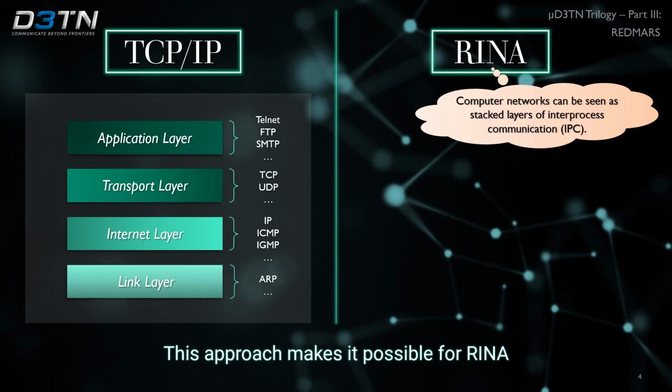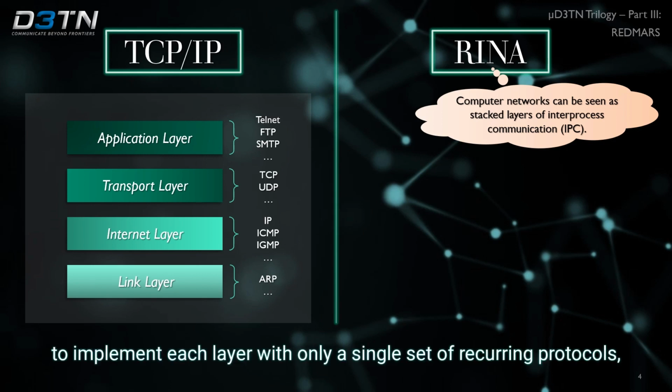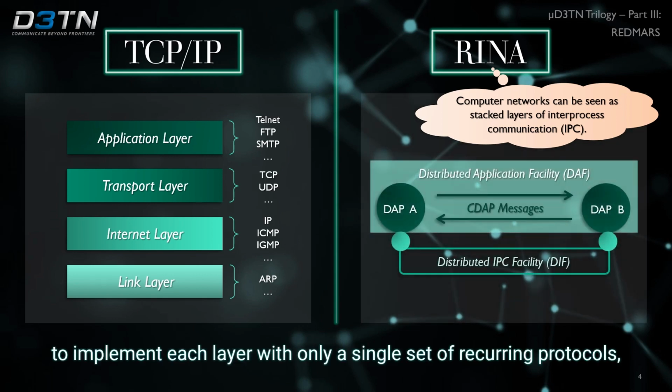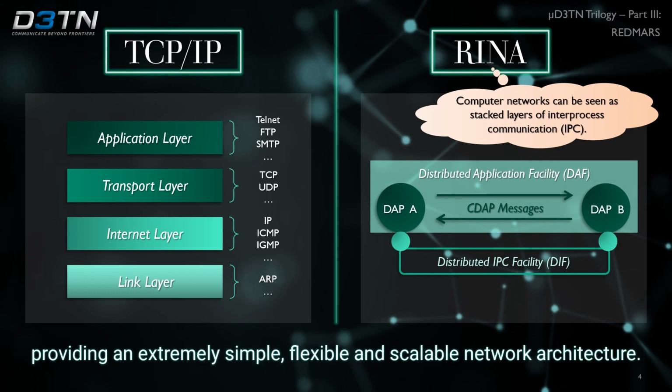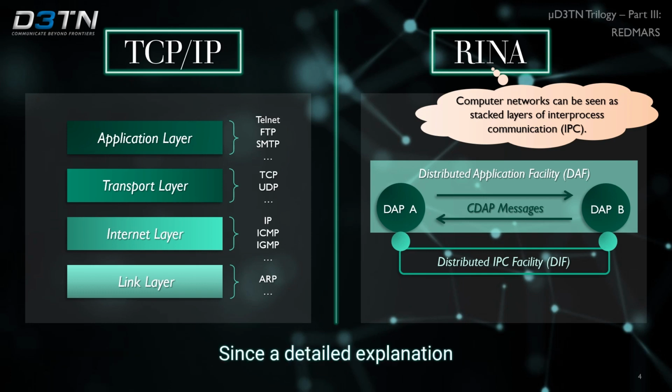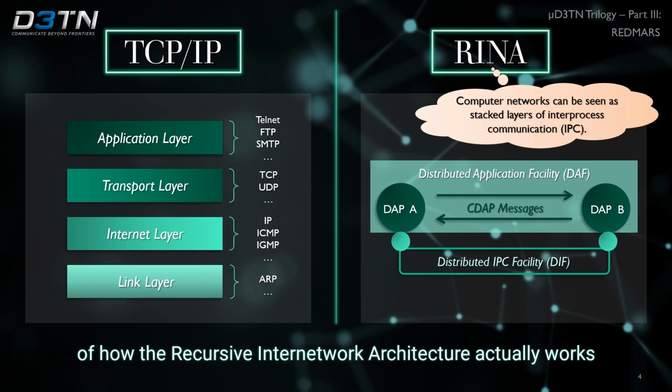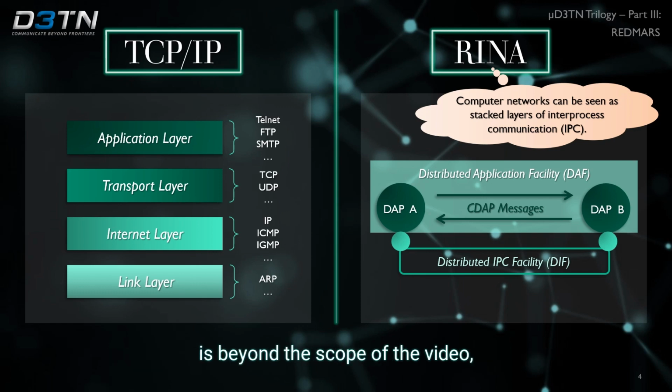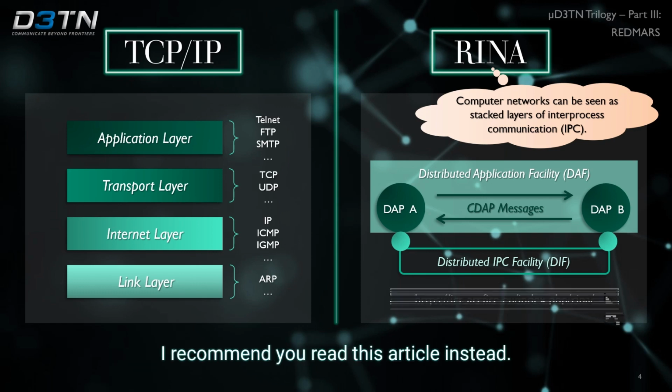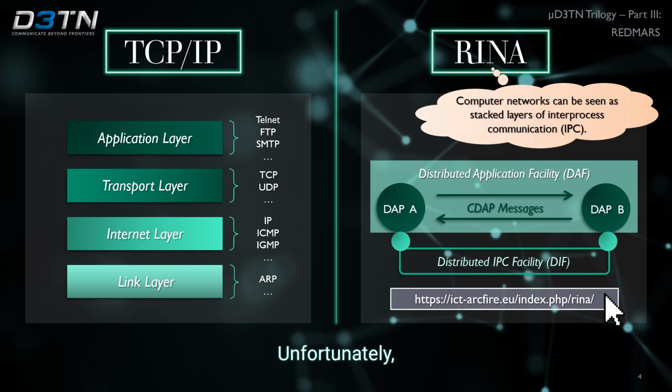This approach makes it possible for RINA to implement each layer with only a single set of recurring protocols, providing an extremely simple, flexible, and scalable network architecture. Since a detailed explanation of how the recursive internetwork architecture actually works is beyond the scope of the video, I recommend you read this article instead.